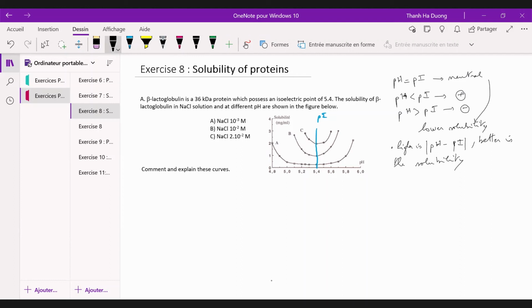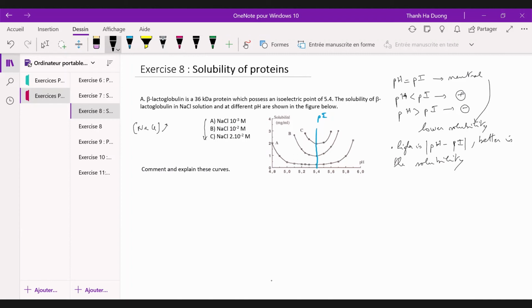Okay, and if you see the difference between the A, B, and C solutions, you increase the salt concentration. When you increase the salt concentration, at quite small concentrations, 10 minus 3 to 10 minus 2, what happened?